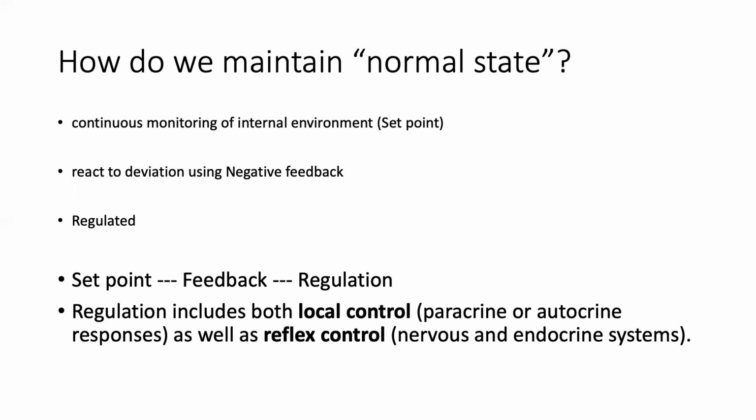So number one, we need to have a set point. And number two, we need to detect if there are any changes beyond the set point or acceptable range. And the body needs to react to this deviation, usually by a negative feedback mechanism.